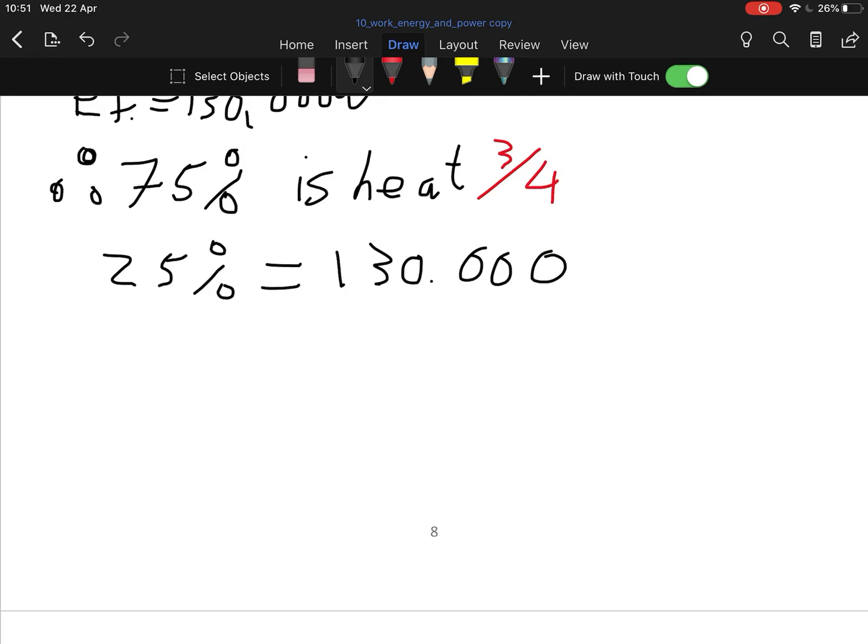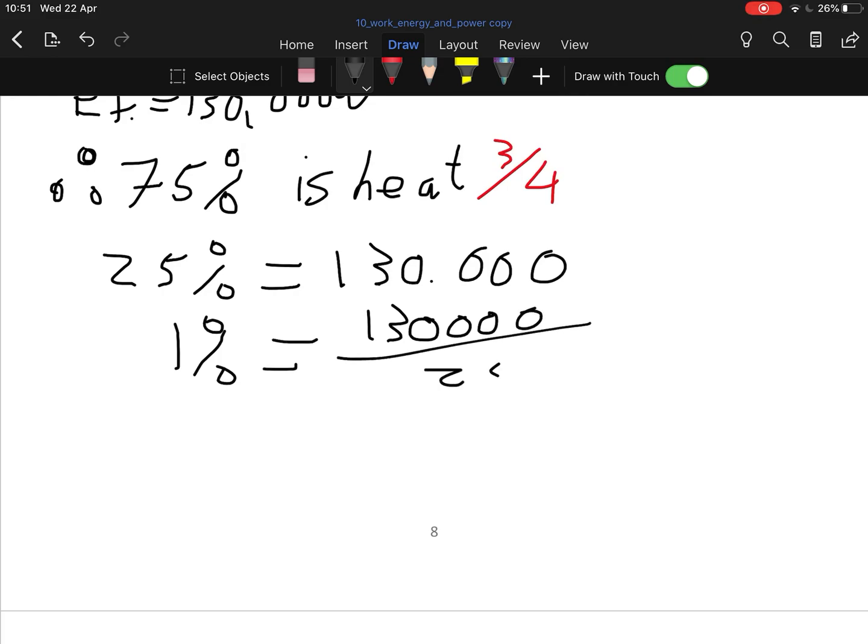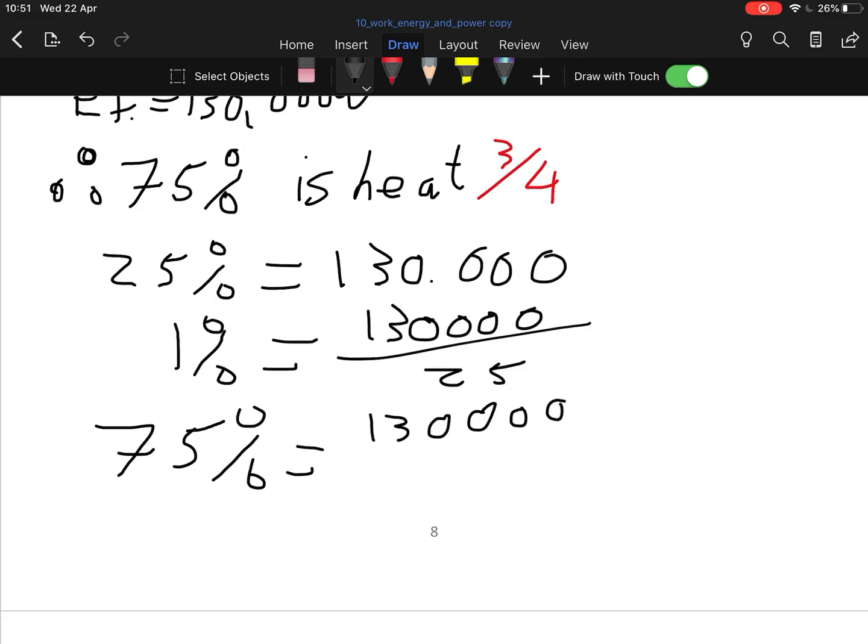This is only if it doesn't work out nicely. What's 1%? 1% is 130,000 divided by 25. Well, we're looking for 75%, so that's 130,000 divided by 25 multiplied by 75.